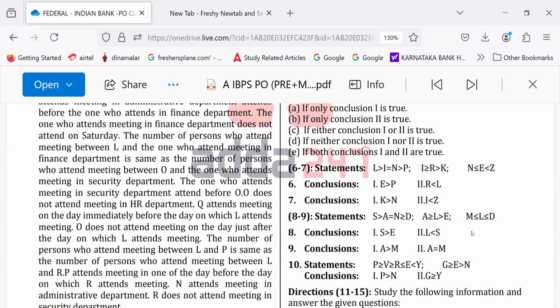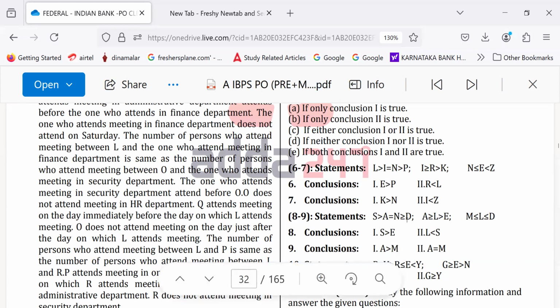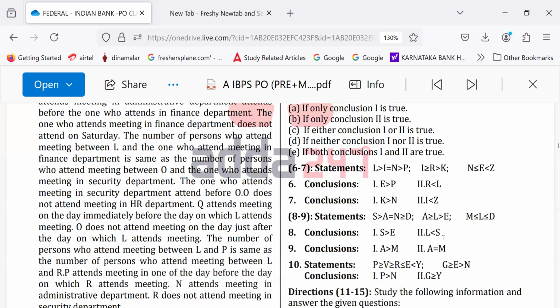Similarly, what is the answer for question 9? Here we have to consider A and M. Is A greater than M?